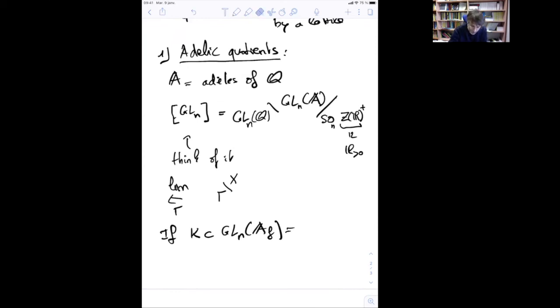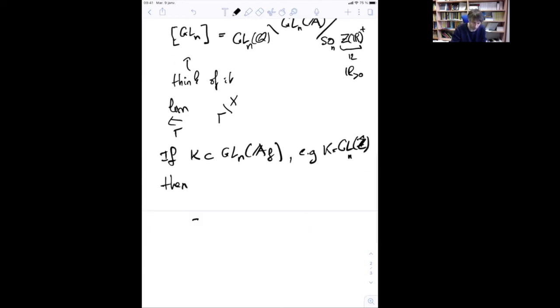For example, K could be just GL_n of Z hat, the finite completion of Z, and then GL_n modulo K. To be precise, but you can essentially forget about this today, this quotient is essentially X over gamma for some gamma.